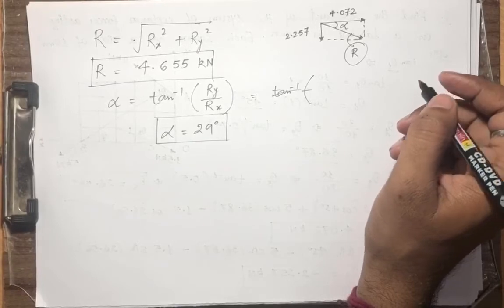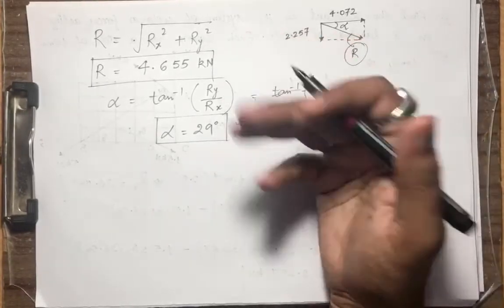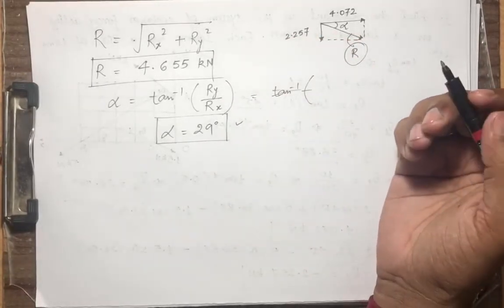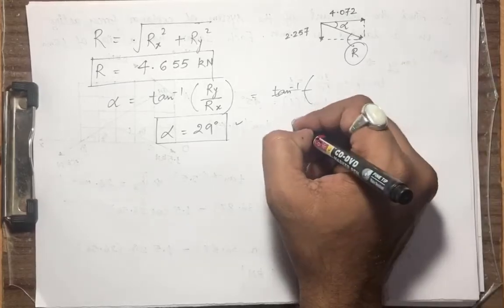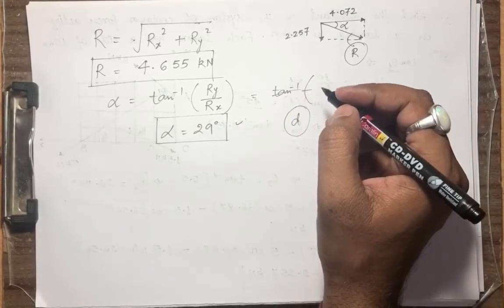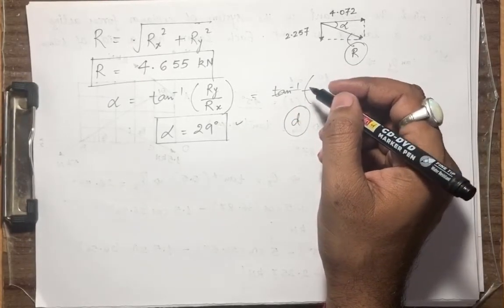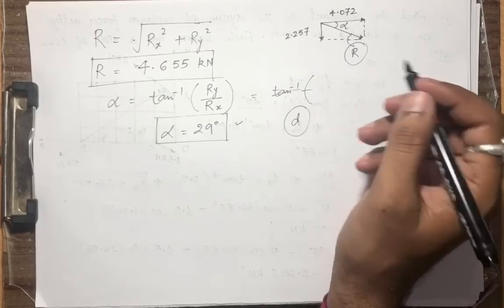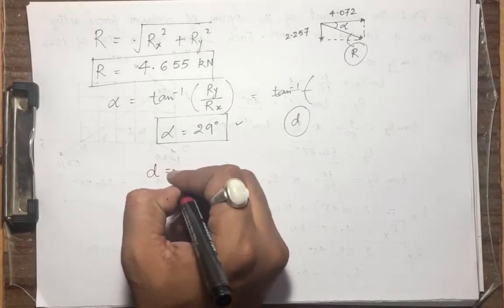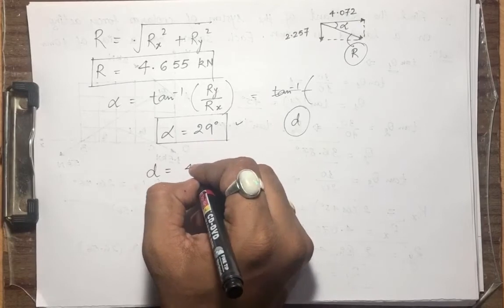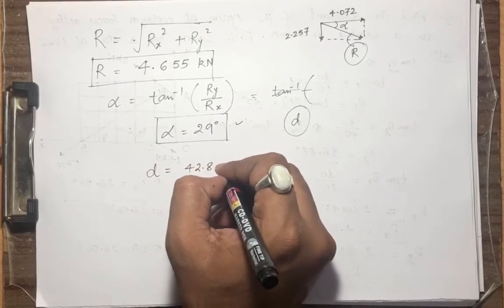So this is the resultant. If you want to know the distance d, you can calculate it as I have solved in the previous problem. So d is coming out to be 42.8 mm.